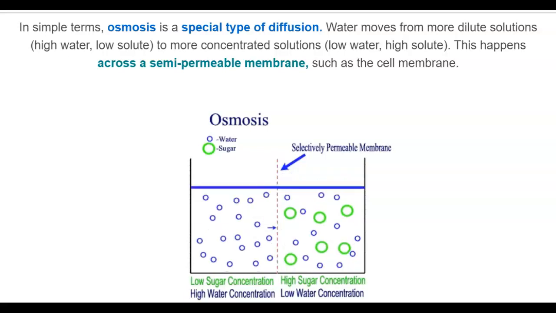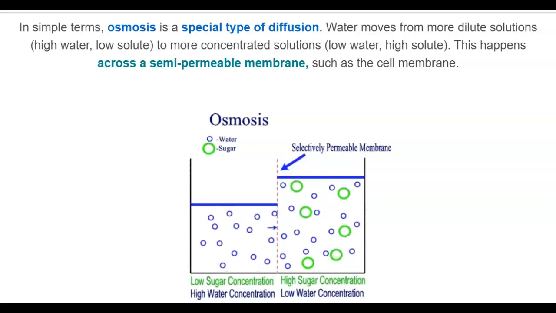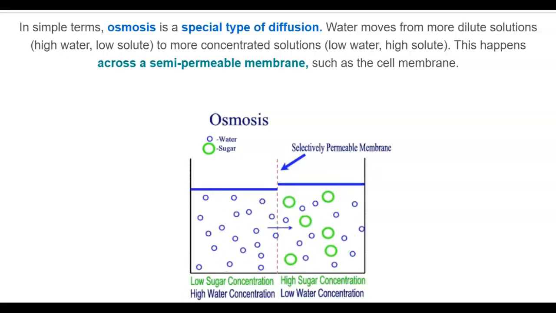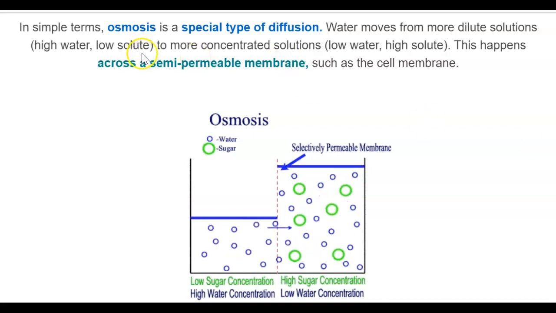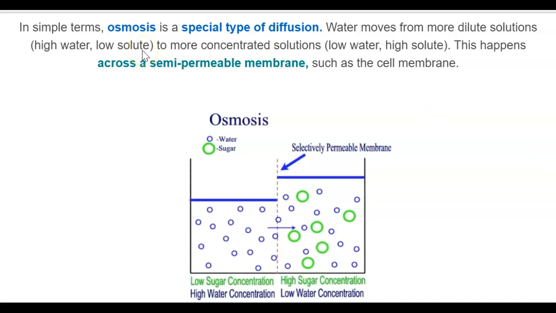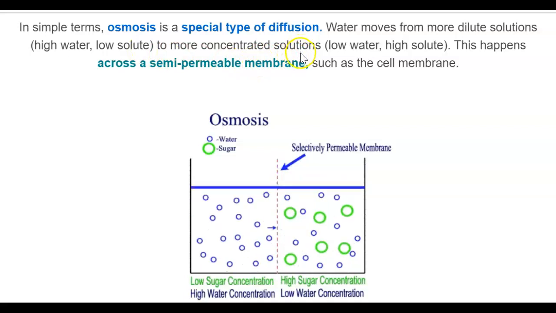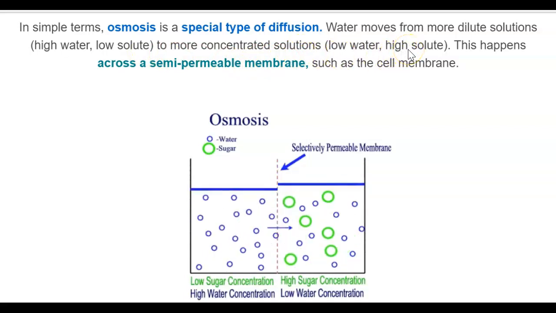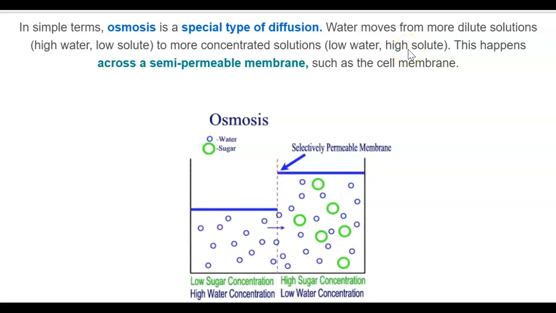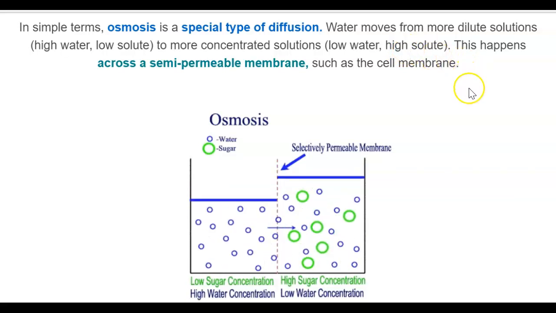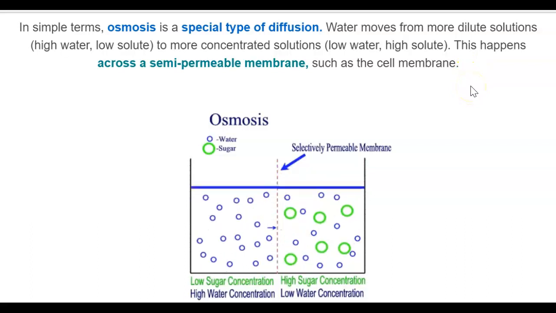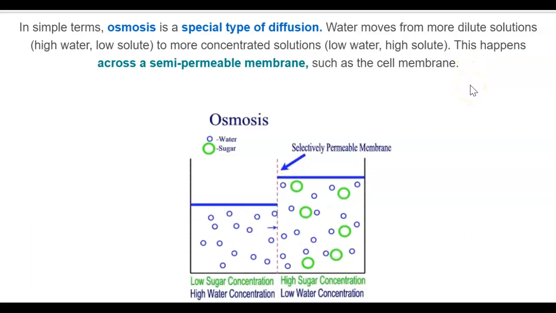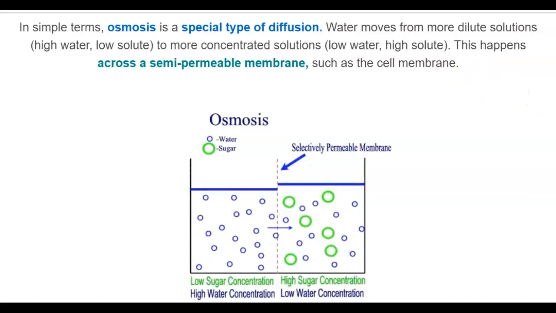Water moves from more dilute solutions, which have high water and low solute, remember, solutes, for example, sugar or salt, to more concentrated solutions. So where you've got low water but lots of solute, for example, lots of salt or lots of sugar. This happens across a semi-permeable membrane, such as the cell membrane, which is what we've been talking about.